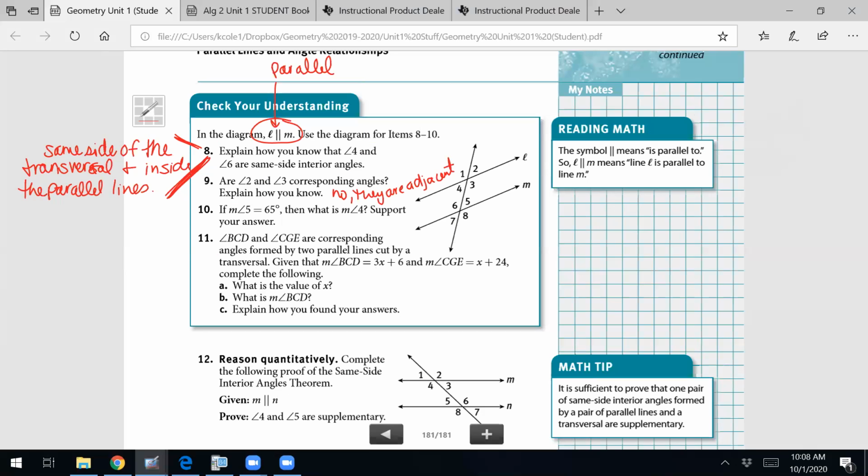Number 10, if the measure of angle 5 is 65, what's the measure of angle 4? And how do you know? It's 65 degrees, which is correct, but how do you know? They're what?